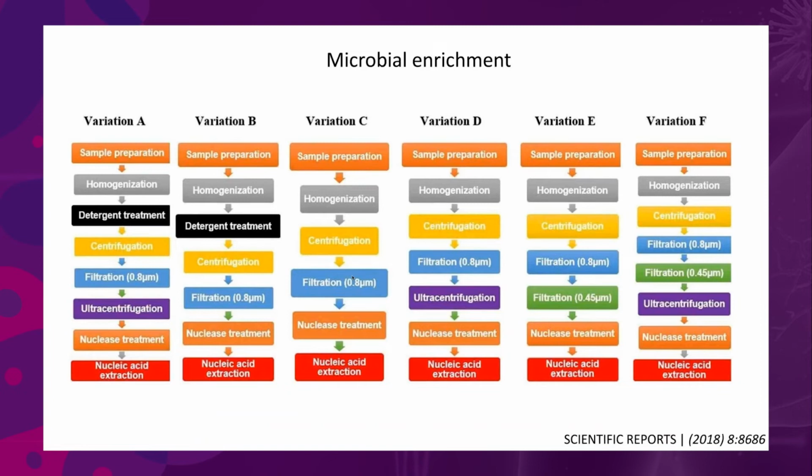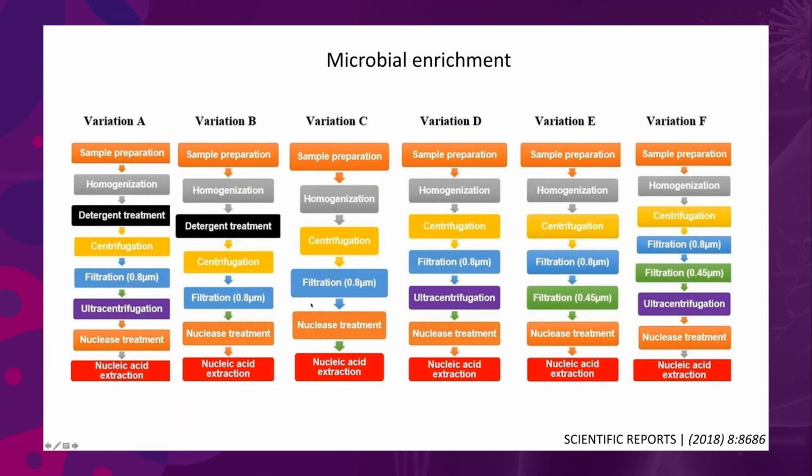Now we're moving into the different protocols that have been published up to now, the different ways we can enrich our metagenomic libraries for microbes. Each one of those has given fruitful results in different applications.